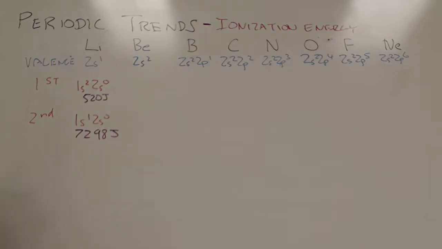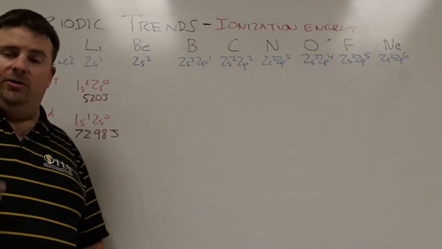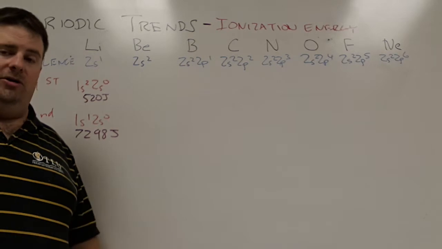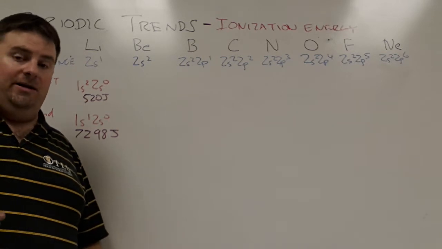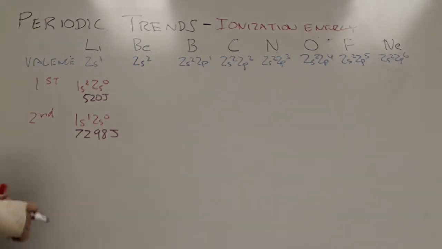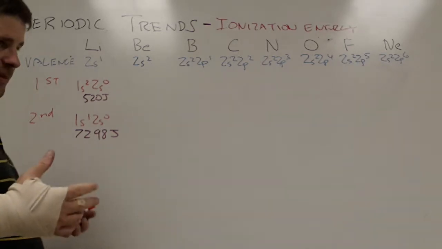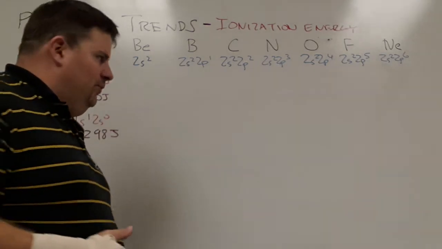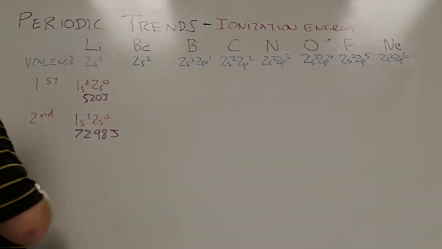Giving away electrons to get to a noble gas electronic configuration generally isn't that bad. But notice that every second ionization is going to get us to a higher energy state. That just makes sense. It takes energy to knock these electrons off. So let's look at beryllium and see what we've got.